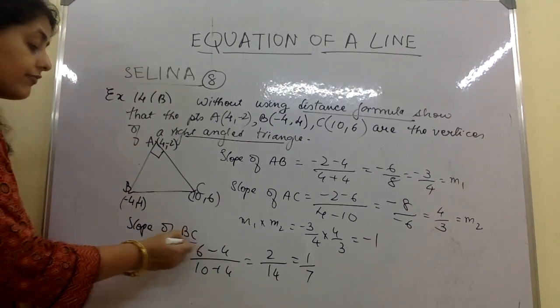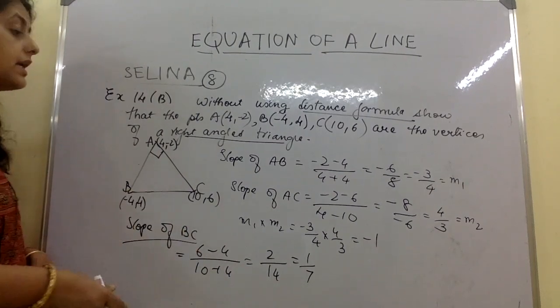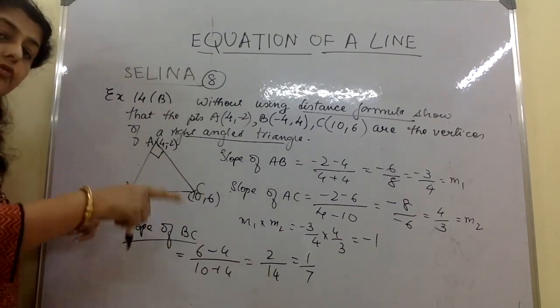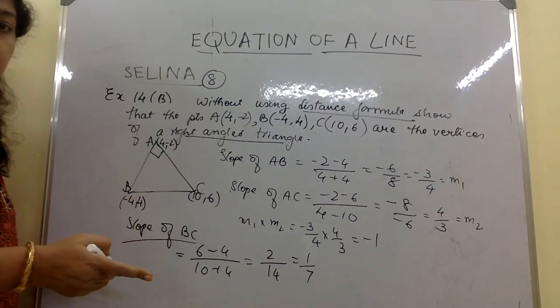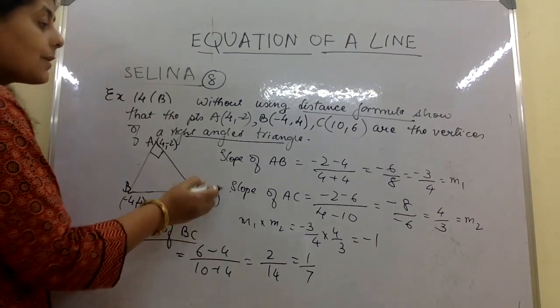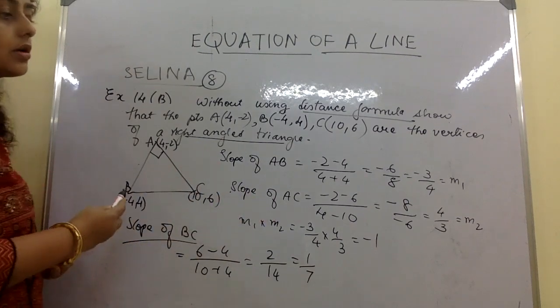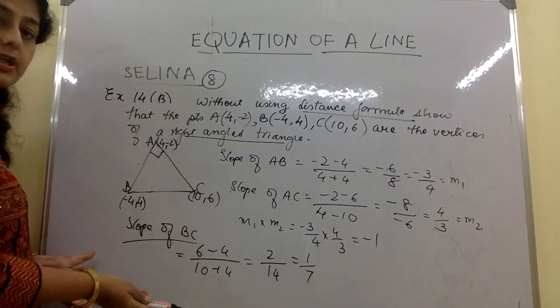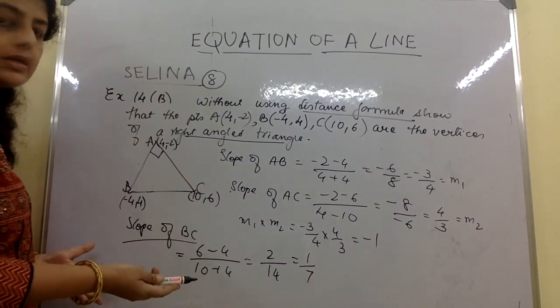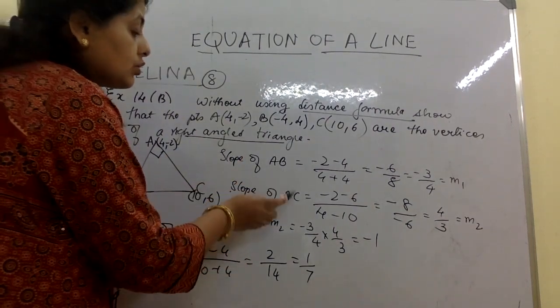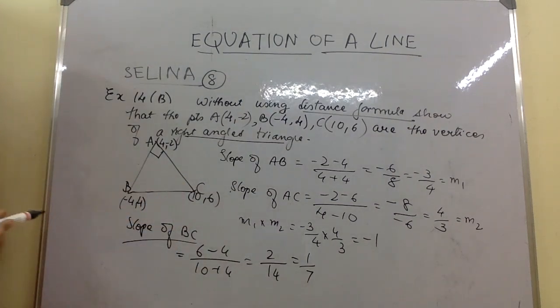Then I would have waited to find that next slope. In that case, I will have to find all three slopes and then decide. Here it so happened that after AB, I happened to solve AC and I got them as perpendicular, so I need not proceed with my answer. Okay, you just have to show that slope of two of the lines is perpendicular to one another.